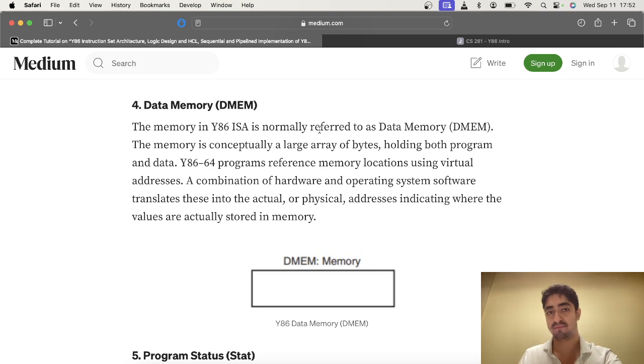So you can see, say you point this to 1,000. You can have multiple programs running that have the virtual memory of 1,000, but their actual underlying memory is probably different. That's what it is.